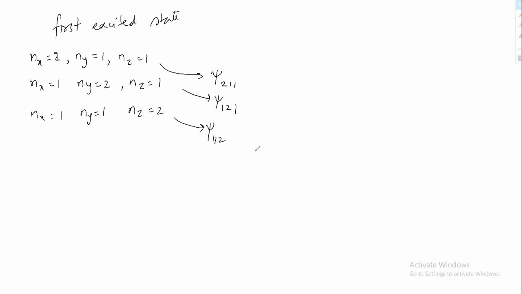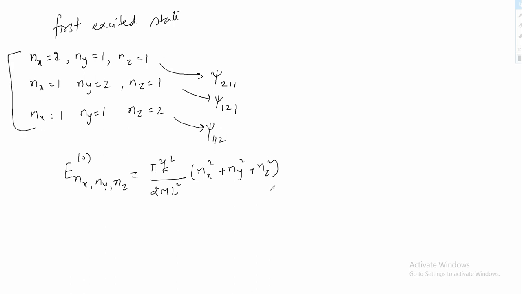Why do we call it threefold degeneracy? This is because of the expression which I wrote for the zeroth order energy, pi square h cross square by twice m L square, times nx square plus ny square plus nz square. For any of these three combinations, what will be the energy eigenvalue?